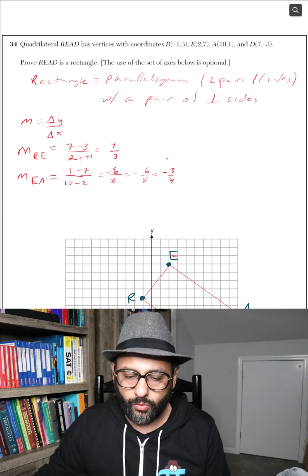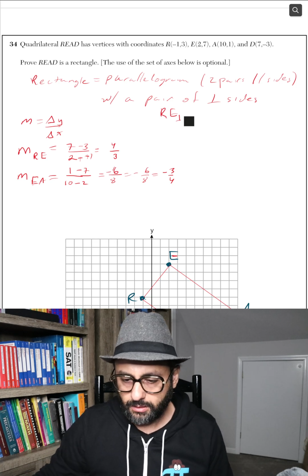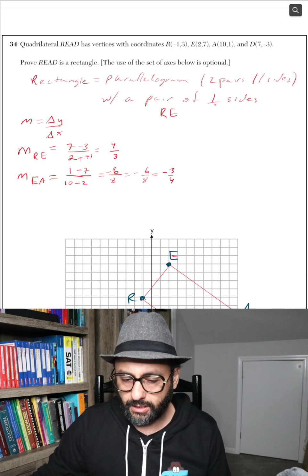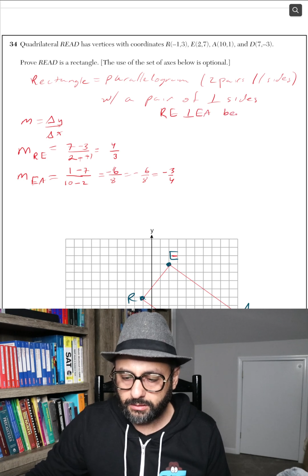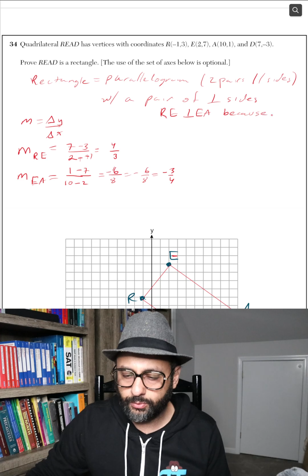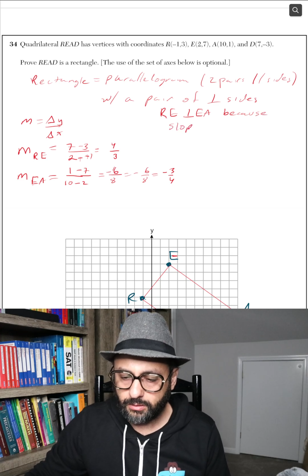So notice already that RE is perpendicular to EA because the slopes are opposite reciprocals.